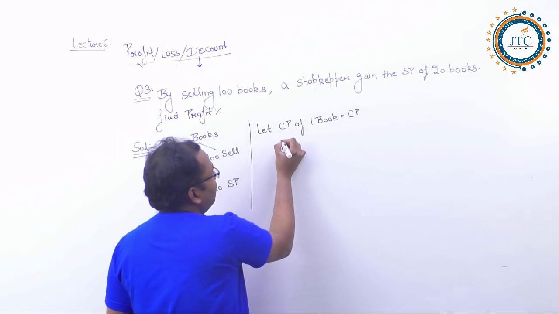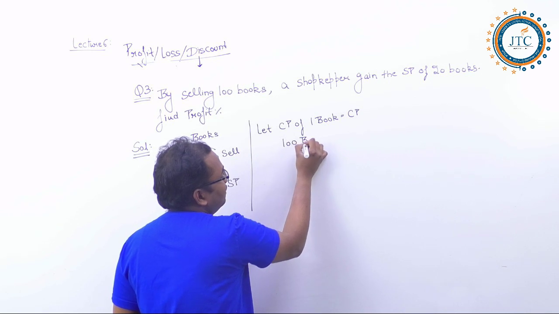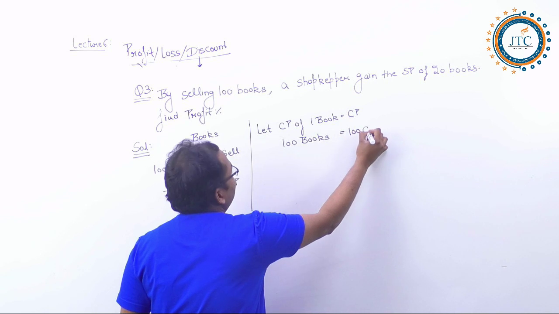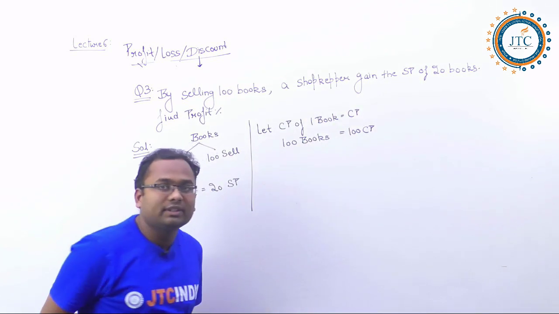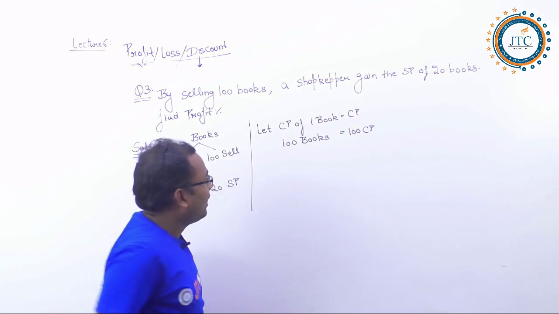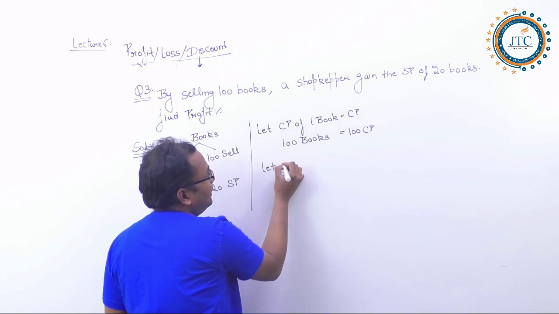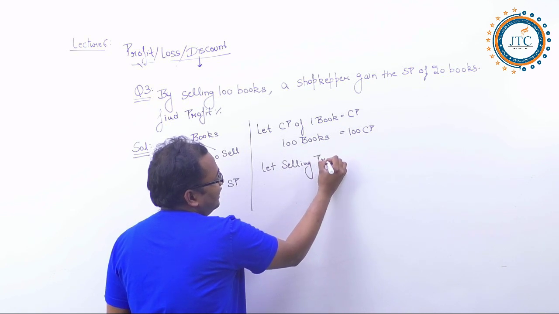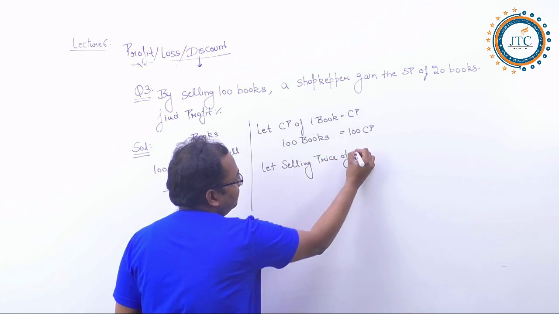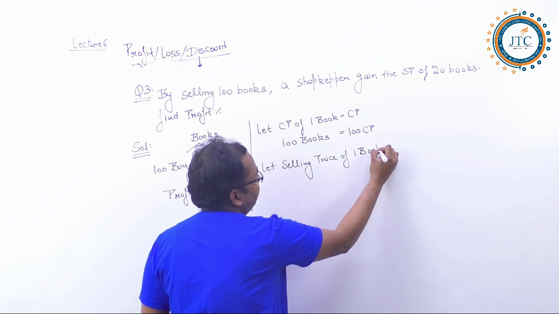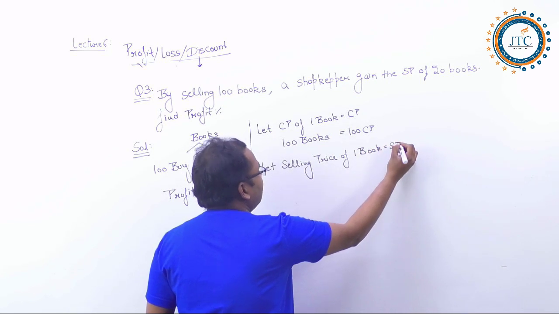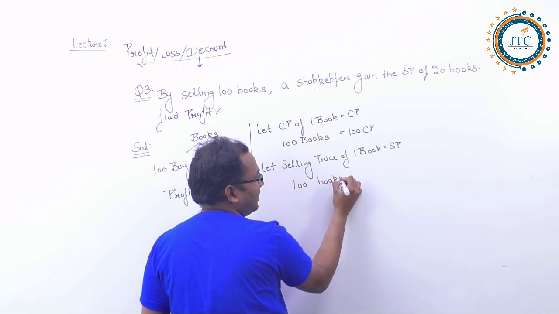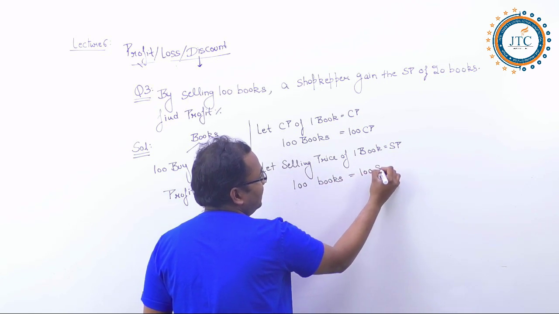Then the cost price of 100 books comes out to be 100 CP. And let the selling price of one book be SP. So the selling price of 100 books is 100 SP.